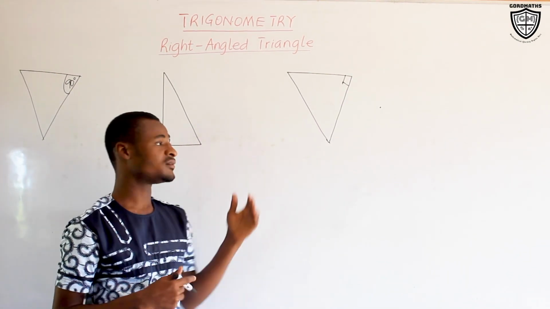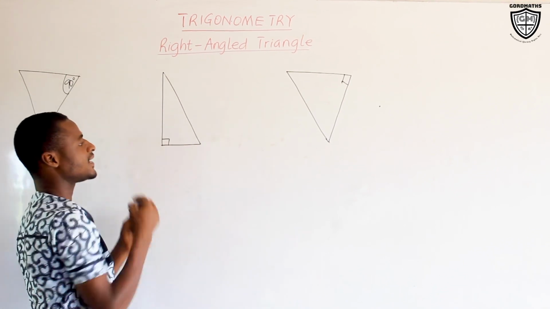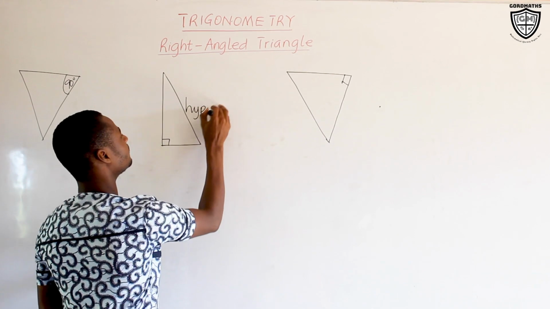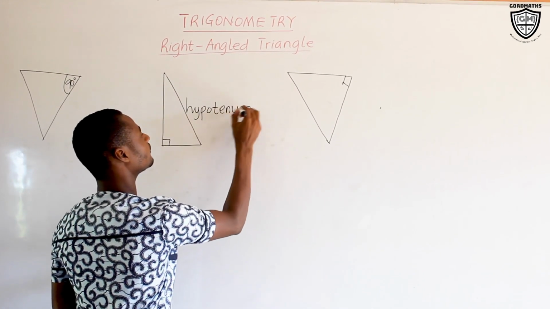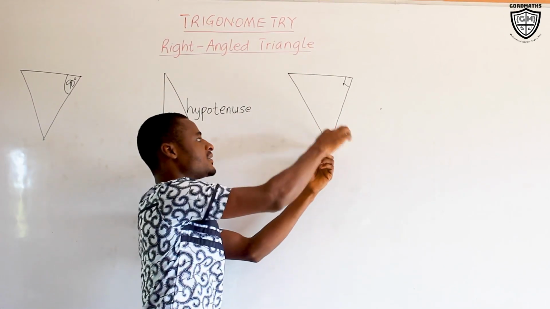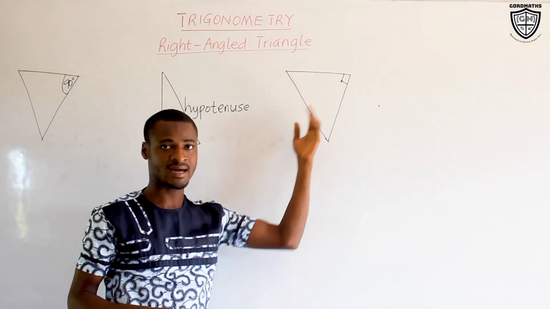Now in this triangle, the longest side, which is the side that faces the angle 90 degrees, is called the hypotenuse. So in the second triangle, this is the side that faces the angle 90 degrees, and that is the hypotenuse.